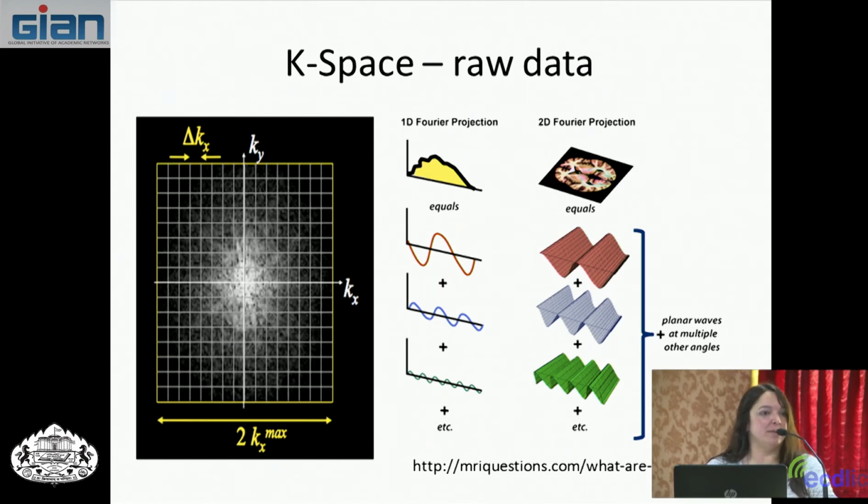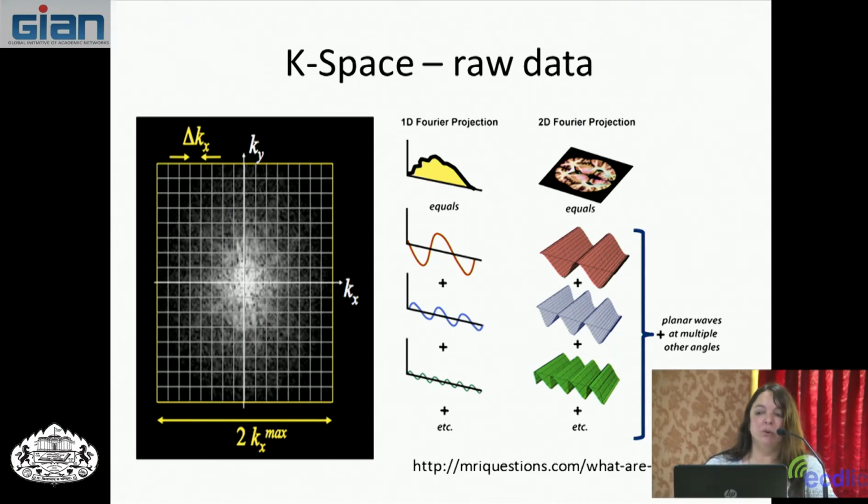Nowadays, the scanners typically just do this automatically in real time as it collects the data. So you can actually get the brain and see it on the screen. Even as fast as our functional data comes up, we can see this in real time as we're collecting it. So it's easy to forget that we're actually collecting in this frequency space.